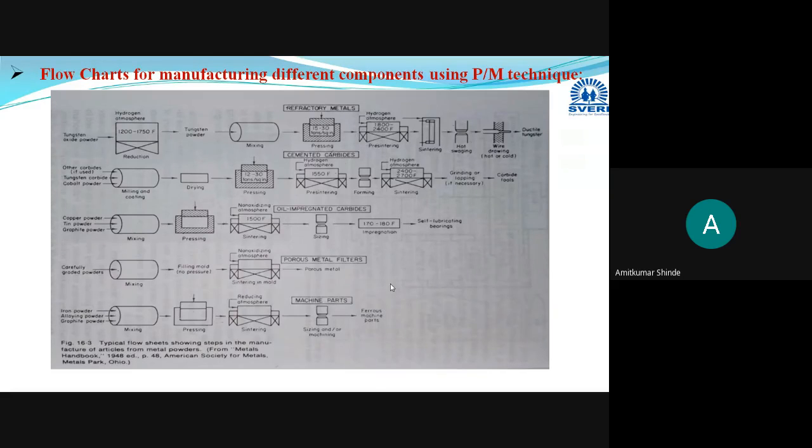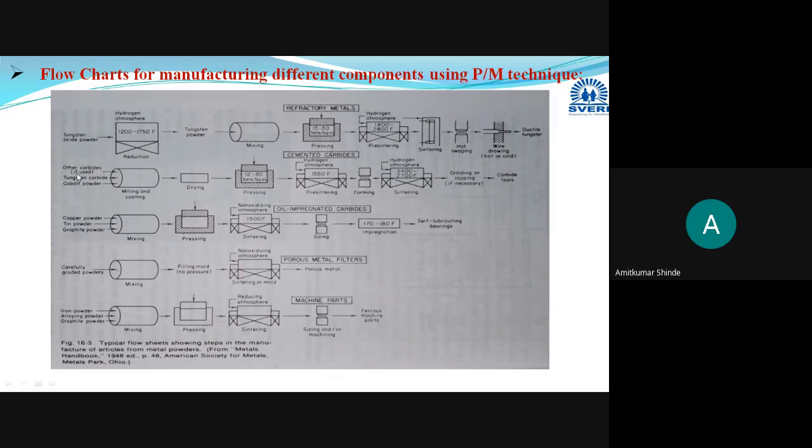Now, whenever they ask you to draw the flow chart, for each process a fixed symbol is there. First, I will explain the symbols according to the process. Now we will go one by one.